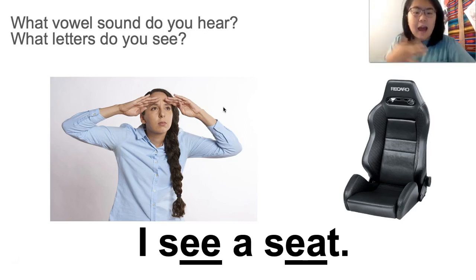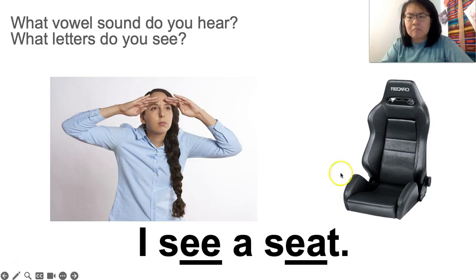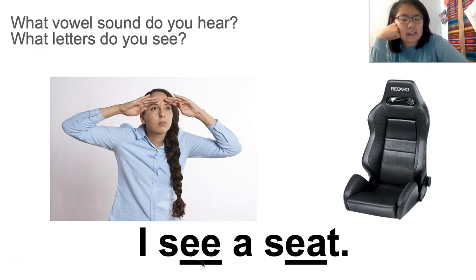First sentence, I see a seat. I see a seat, right? So let's look at this. I see. What is the vowel sound in the word see? E, E, right? Long E, I see. What do I see? Oh, I see a seat.